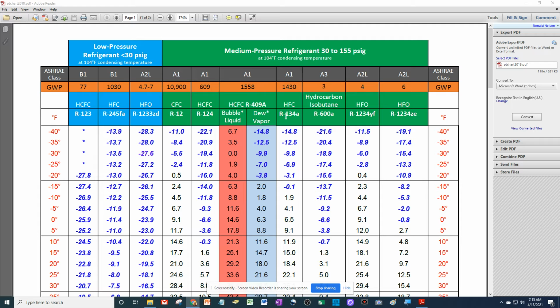This is the HC type. But if you'll notice, HFC, the last letter means carbon, which is a high global warming potential. All right. HCFC has a lower global warming potential. CFC, ooh, man, it shows a really high global warming potential, doesn't it?